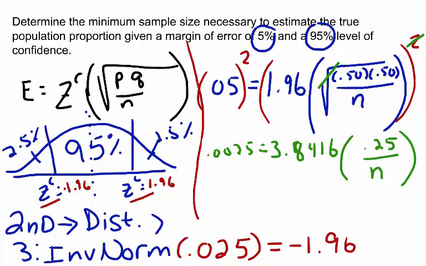Next, we multiply 3.8416 by 0.25. So we have 0.0025 equals 0.9604 divided by n.